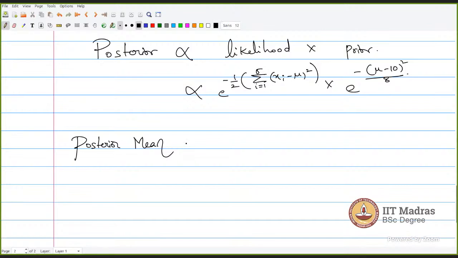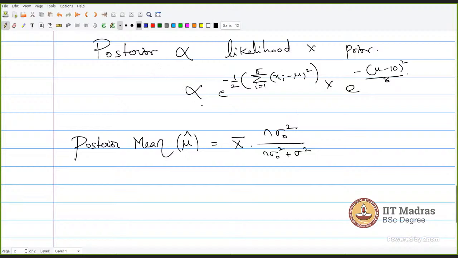This is the posterior mean, that's the final formula here. Posterior mean, I can say mu hat. Mu hat can be written as x bar times n sigma naught squared by n sigma naught squared plus sigma squared.